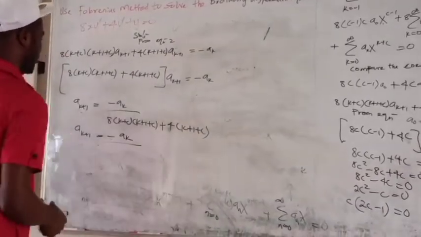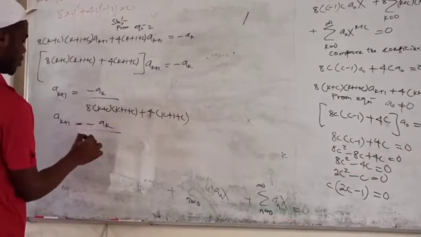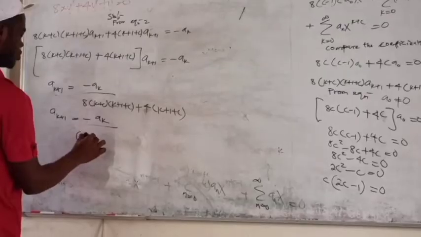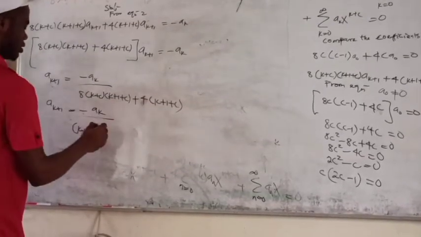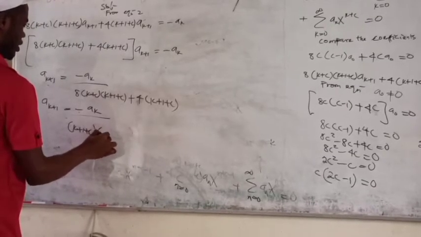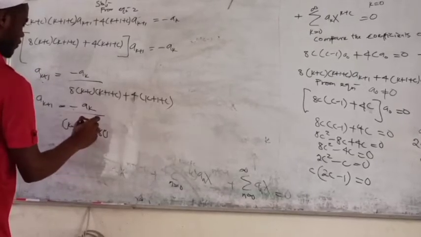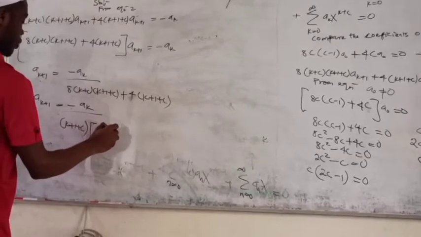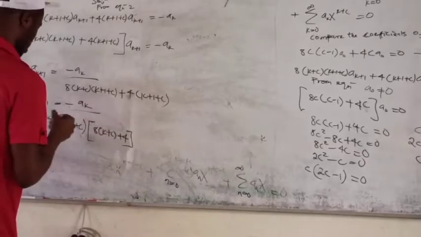So if I use the factorization method, I'm left with k plus 1 plus c in one factor, and 8 bracket k plus c plus 4 in the second bracket.